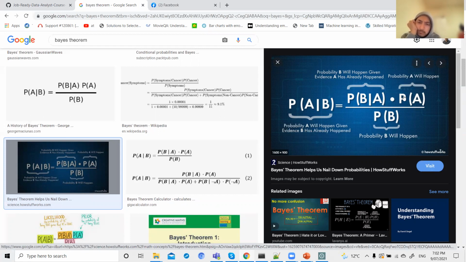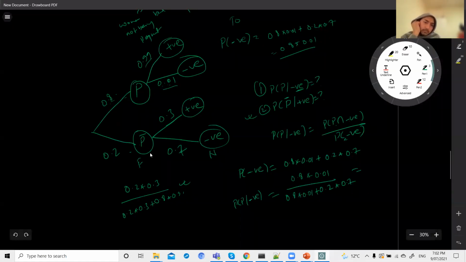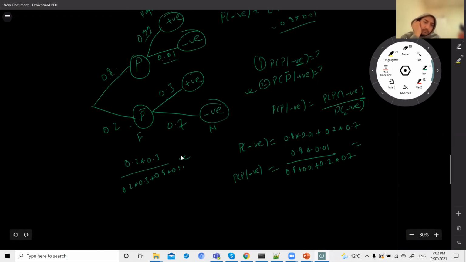So this is the formula, but you don't need to remember it; just try to understand it. If you remember this tree, if you can make up this tree, then you don't need to remember this formula.